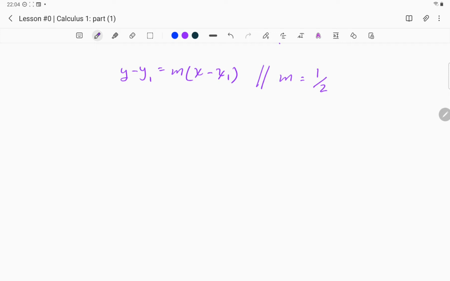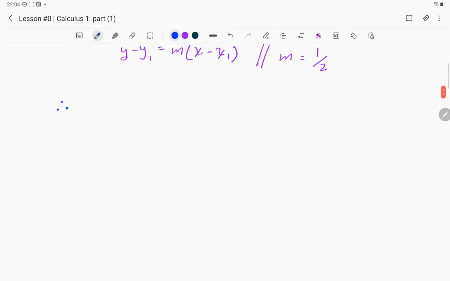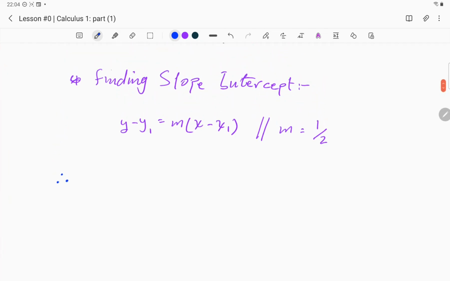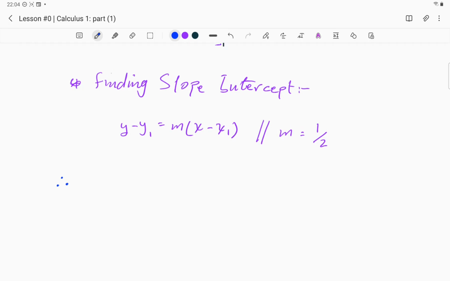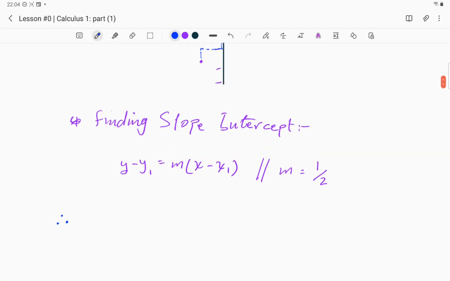So basically what you want to do is plug in the numbers, where y1 and x1 are the point. Either you get your own point from the slope equation, or they give you one point, or you use one point.